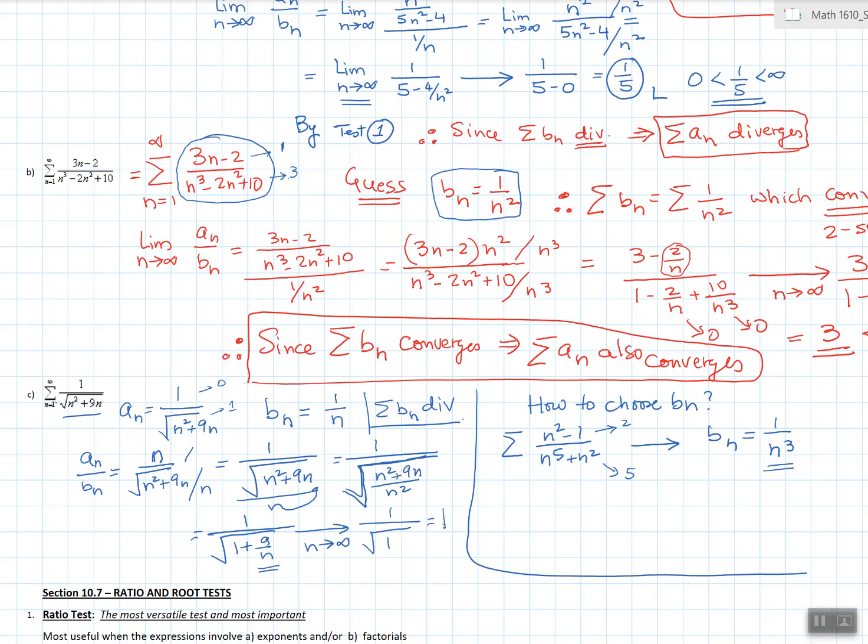So therefore this is 1, which is very nice. So therefore the series An diverges because series Bn was diverging. So it's just a matter of algebra to find these limits, and this turns out to be a very, very useful test.